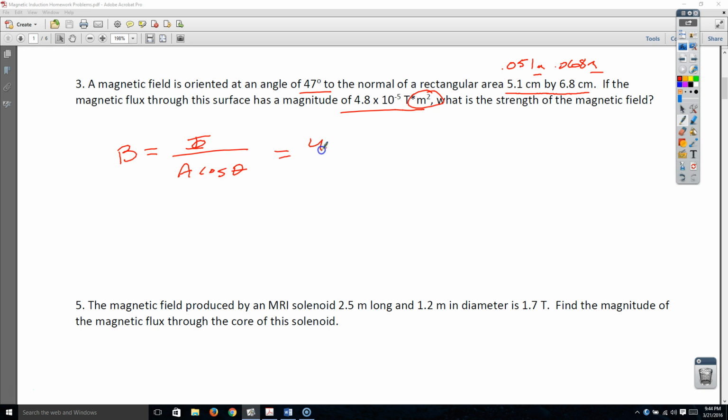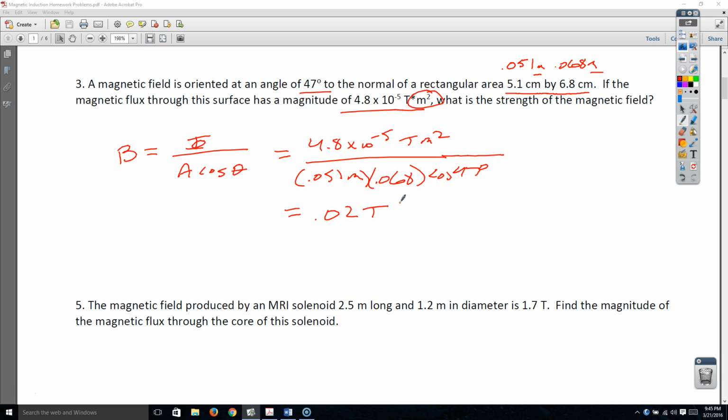So here we have 4.8 times 10 to the negative 5th Teslas times a meter squared, all over 0.051 meters, that would be your length, and your width, respectively, 0.068, and then times the cosine of 47 degrees. So these two things, remember, will give you area, and you end up with a magnetic field of 0.02 Tesla. And that is the end of number 3.